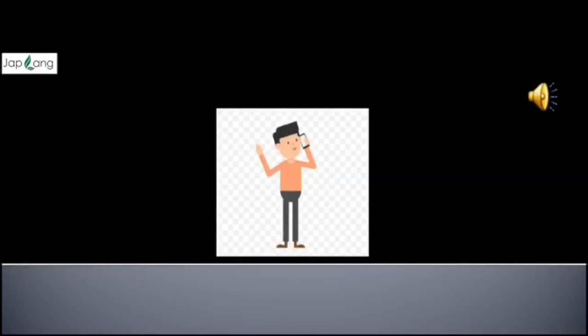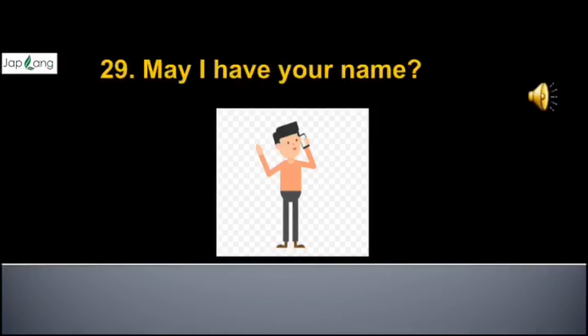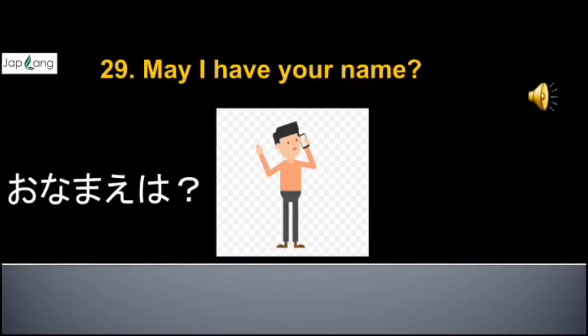Next is a person asking the name. Okay, may I have your name? May I have your name will be お名前は. If you want to ask a full sentence, it will be お名前は何ですか? If you want to cut it short, it would be お名前は.